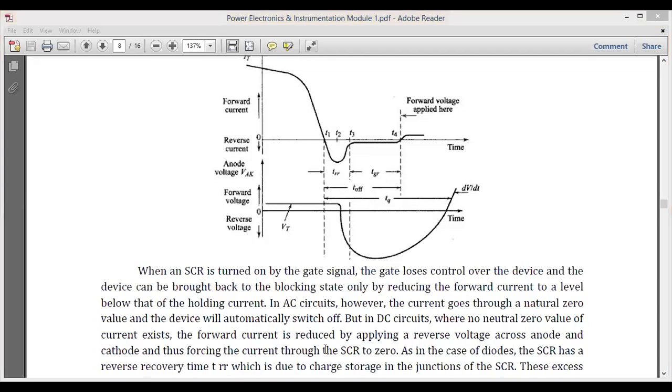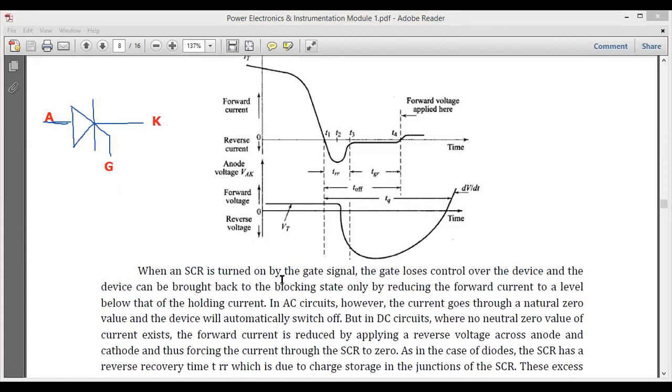Once it is turned on, your SCR loses its control of operation. If this is my SCR, when I apply the signal to this particular gate terminal, your SCR loses its control. This is anode and this is cathode. That is what it says.